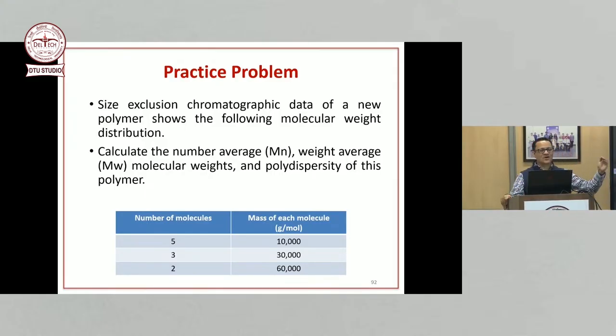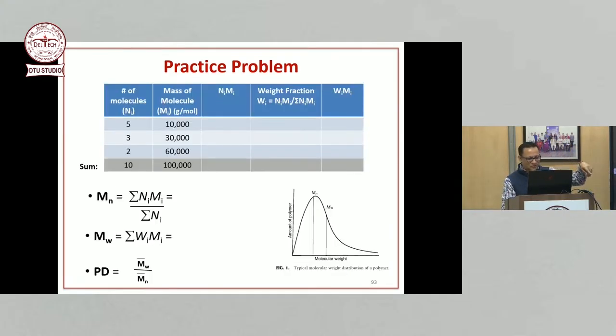Now NiMi was 50,000 divided by 260,000, 90,000 divided by 260,000, 120,000 divided by 260,000, and the last column is 50,000 divided by 260,000 multiplied by Mi, that is that. So the answer is, even I don't know. And what is the polydispersity index? 1.54. It cannot be less than 1.